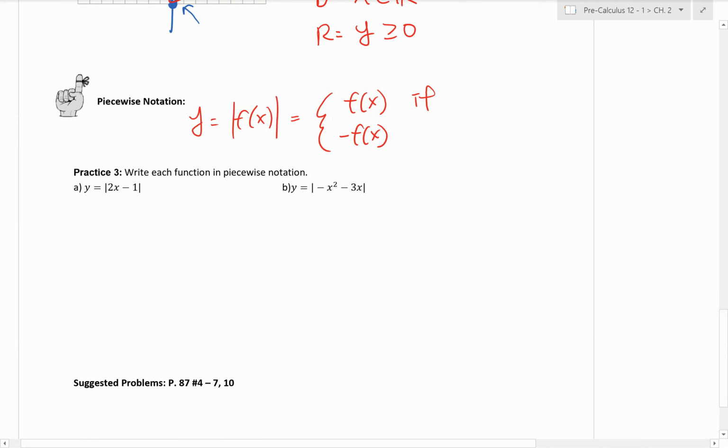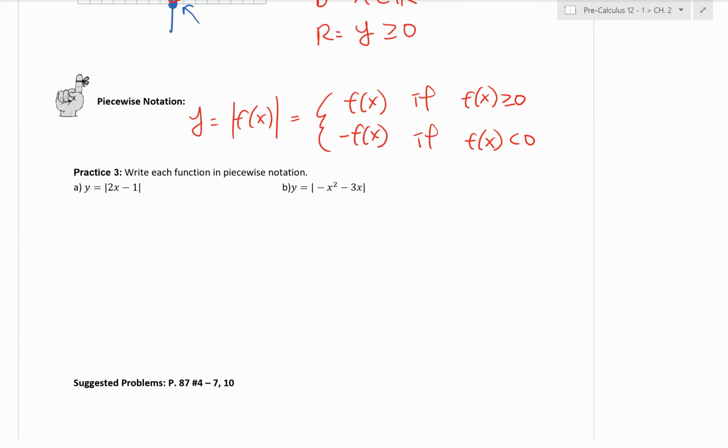And we keep it positive for whatever the x value that makes f of x positive, so if f of x is greater than or equal to 0, and this is when f of x is less than 0. However, you need to find out what the x value is that makes it positive or negative.